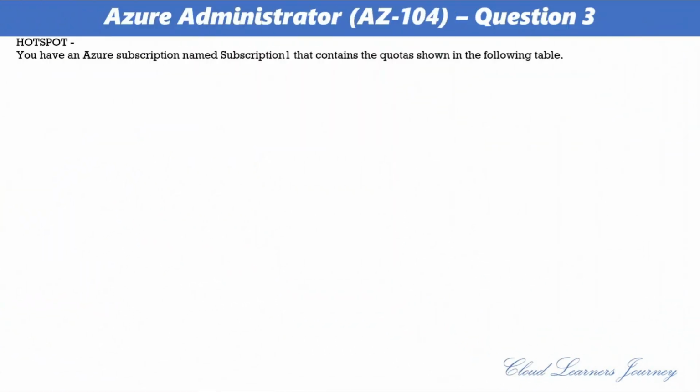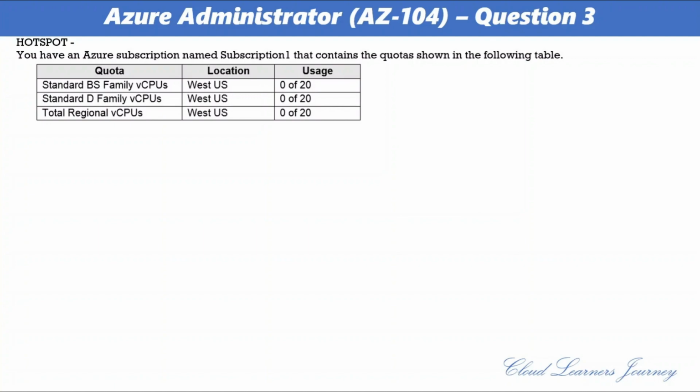Next, question number 3. You have an Azure subscription named Subscription 1 that contains the quota shown in the following table. We have the columns quota, location, usage. Standard BS family vCPUs is in West US location and the usage is 0 of 20. Standard T family vCPUs, West US location, usage 0 of 20. And the total regional vCPUs, West US location, usage 0 of 20.